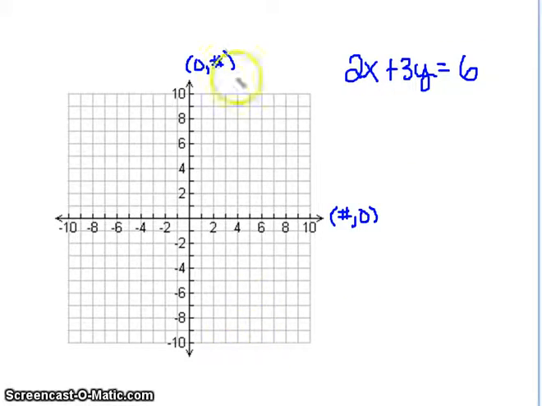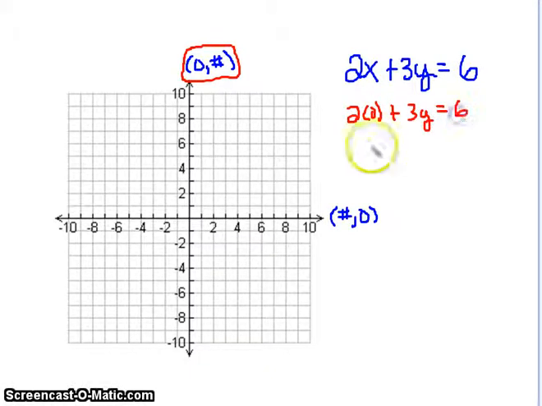So if you want to find your y-intercept, you can plug in a 0 for x. So we get 2 times 0 plus 3y equals 6. So the 0 cancels out, you divide both sides by 3, and that automatically tells you that y equals 2. So my y-intercept for this line is going to be 0, 2.